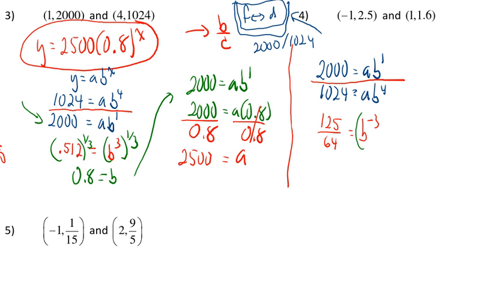All right, your calculator has parentheses, I'm pretty confident. So parentheses 125 divided by 64, hit your exponent button, which I think looks like a to the b, right?